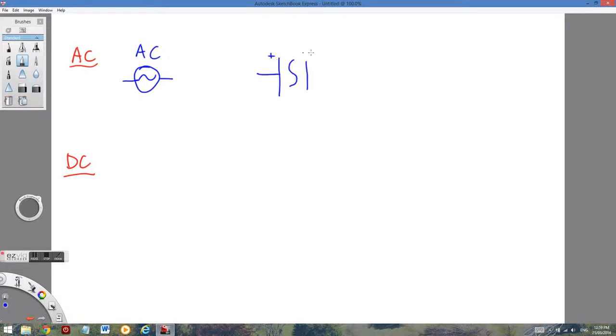So in your circuit diagrams, if the power source has those symbols, it is AC. For DC, it will be much simpler. It will just look like that. Just remember the longer line here would always be the positive terminal.